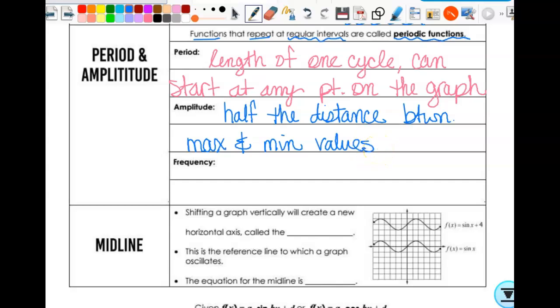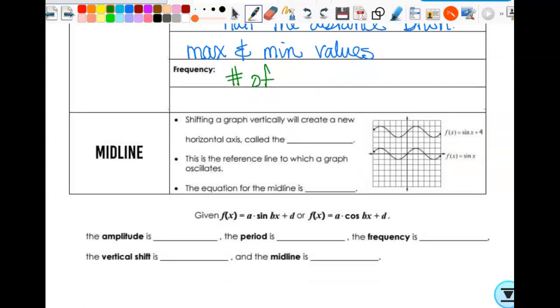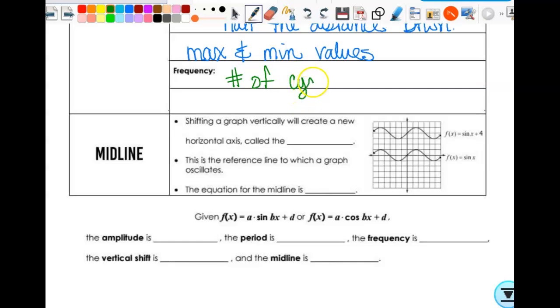That's the official definition of it, but there is an easier way to look at it. But that's like what you would see as a definition there. And then your frequency is just the number of cycles in 2 pi units.